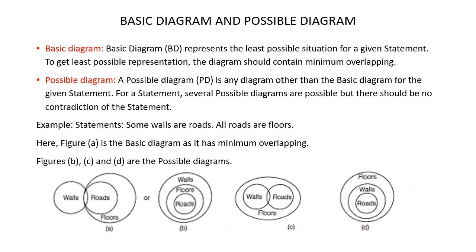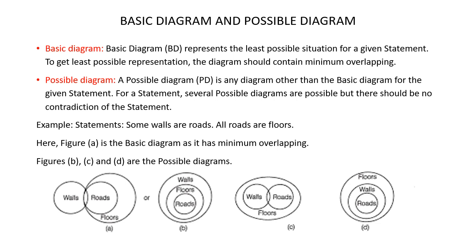Now, as you can see in this basic diagram, some walls are roads is represented by intersecting circles. So, this part shows that some walls are roads. Now all roads are floors. So all roads are inside floors. So this is the basic diagram for the given statements.